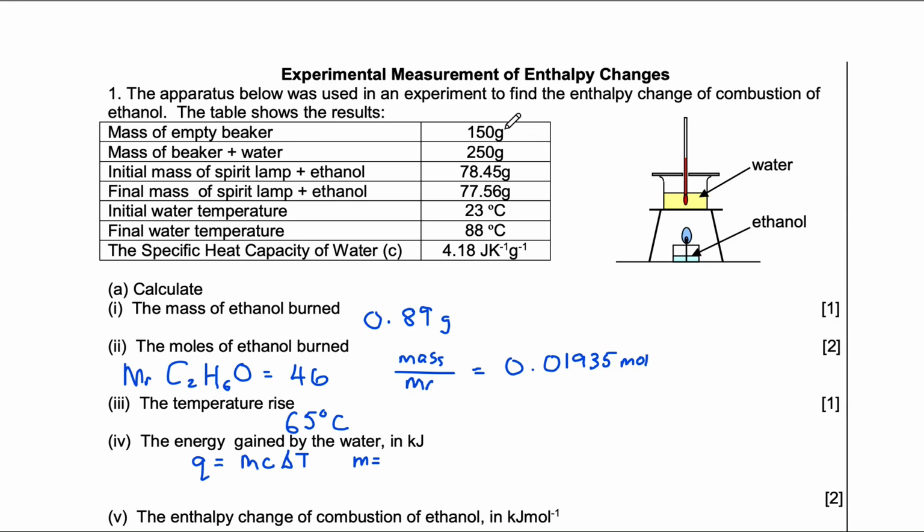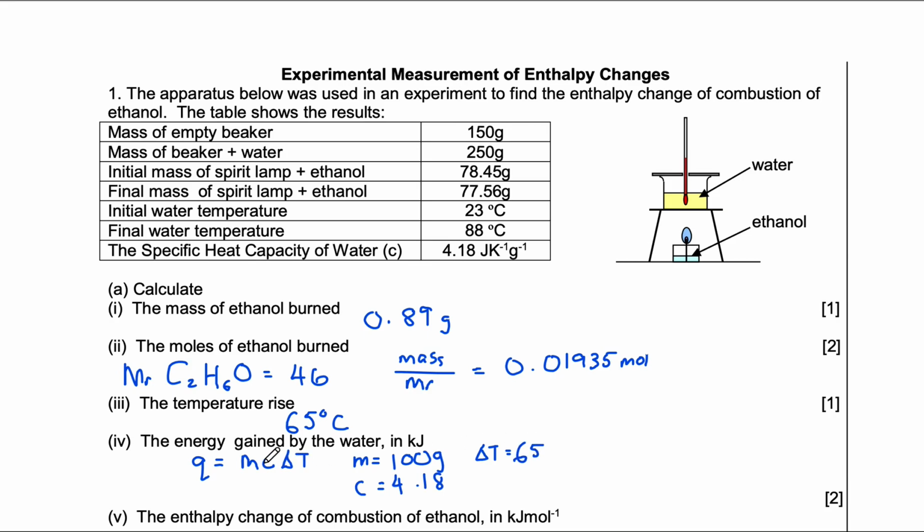The mass of water is 250 minus 150, so that's just going to be 100 grams. Our c, they have told us, is 4.18, which it usually always is, and our delta T, which we worked out, is 65.